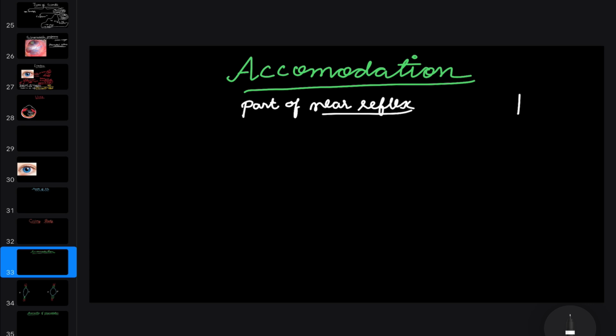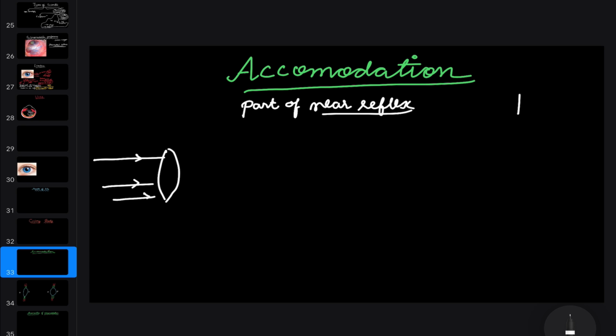Let me be clearer. Suppose this is a lens. We know some elementary physics, I would assume we have learned about optics. So we know that when light rays travel from a very far away object, they tend to be parallel to each other.